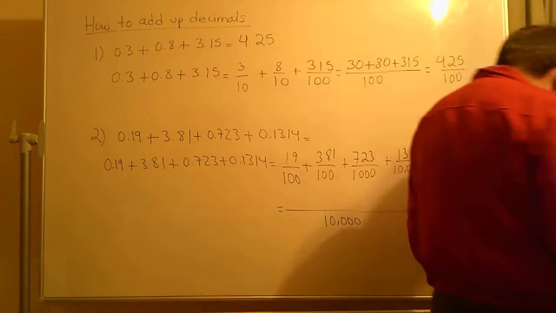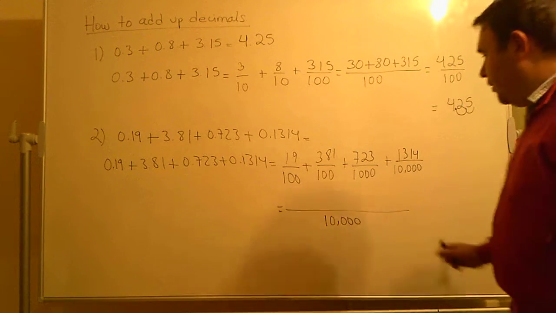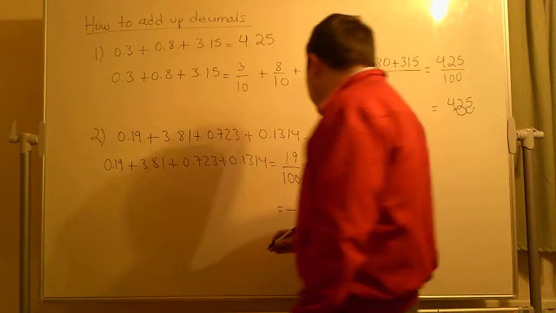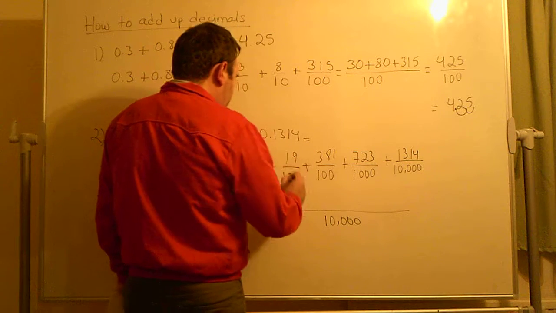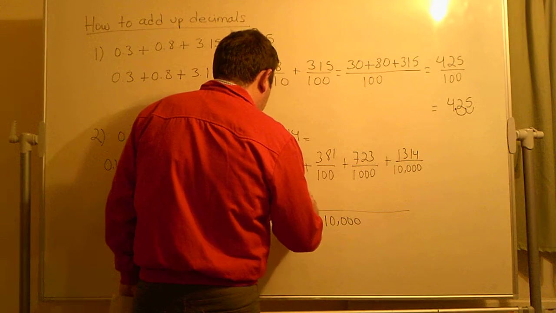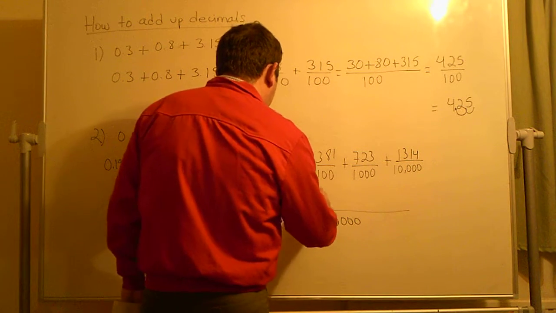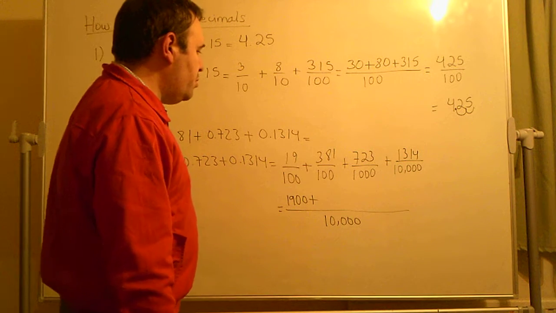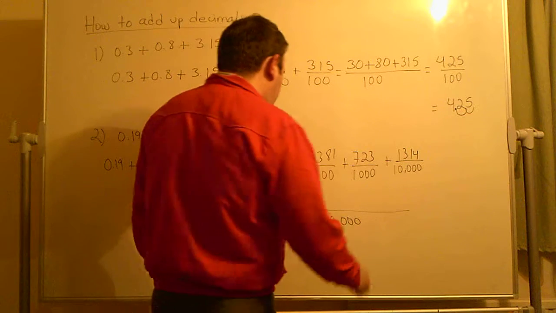Okay? So what we need to do is divide 10,000 divided by 100, which would be 100 times 19 would be 1,900 plus 10,000 divided by 100 would be 100 times 381.